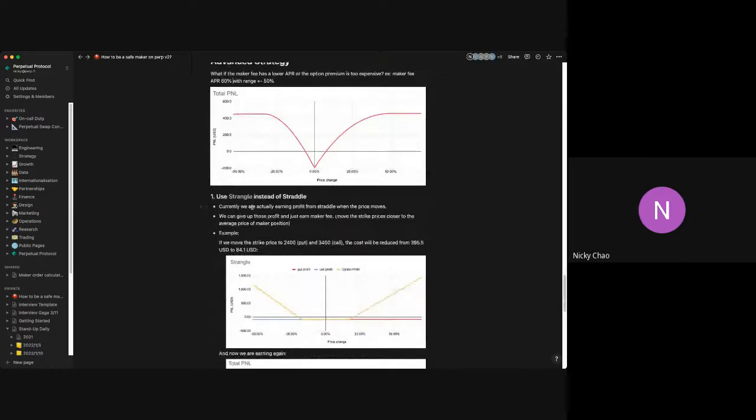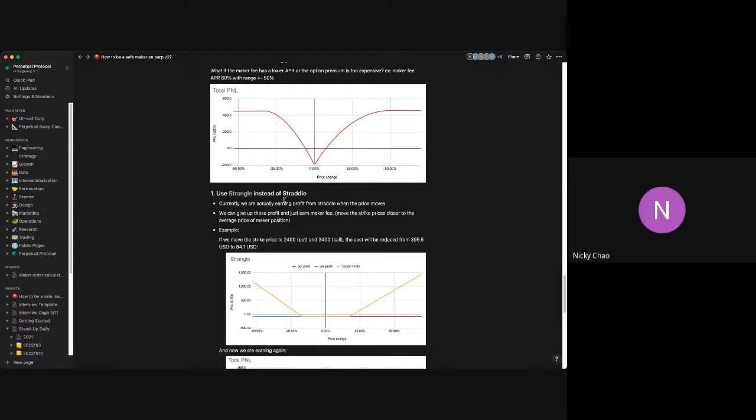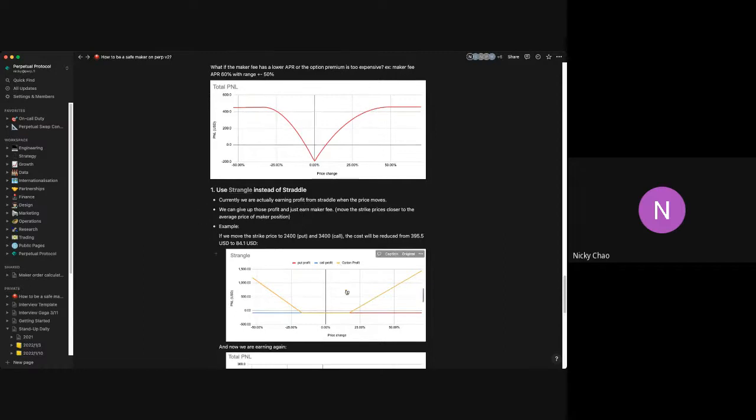A Strangle strategy is very similar to Straddle. The only difference is that you are not buying the options with the same strike price. Instead, you are buying with different strike prices. If I move the strike price of the call option higher here, you can see the profit line will become something like this. And you can also move the strike price of the put option lower.